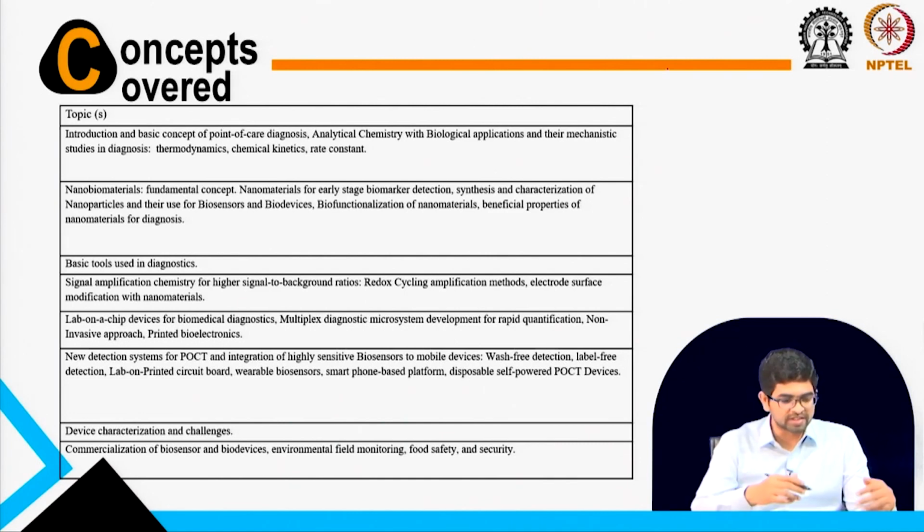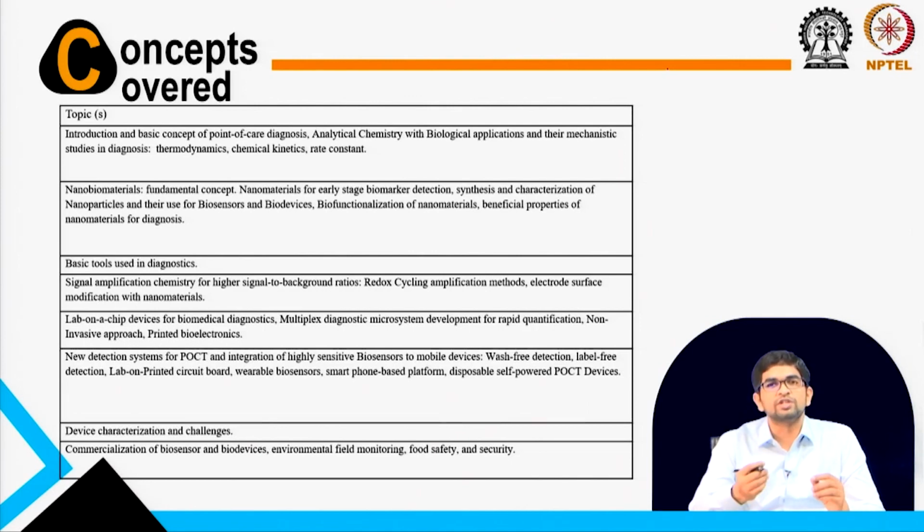Next I will cover signal amplification. Signal amplification is a very important part of this nanobiosensor course, because the main concept of this course is early diagnosis. If you want to detect a disease at a very early level, then signal amplification is really important.